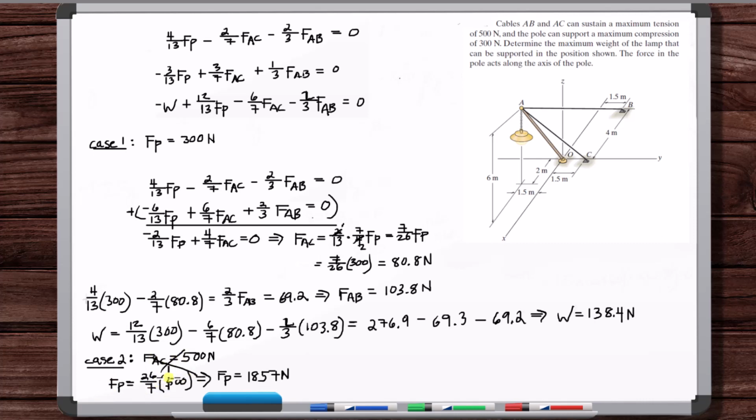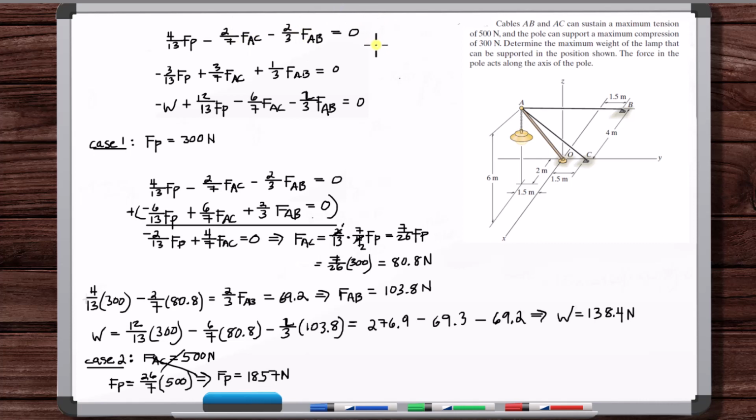And you might say, well, what about if it's loaded to 400 newtons? No, we know that FAC, if FAC gets bigger than 80.8 newtons... You can take the FAC and the FAB terms and put them on the opposite side of the equation. They're adding up.